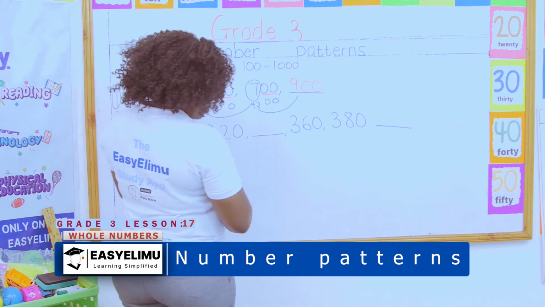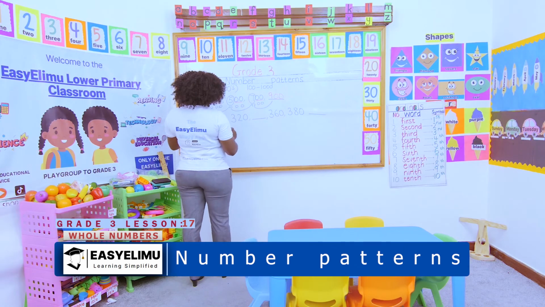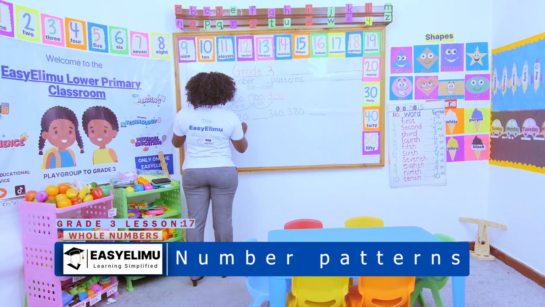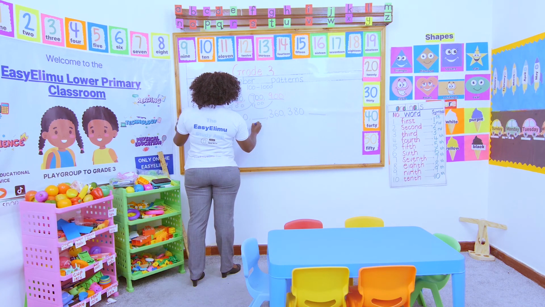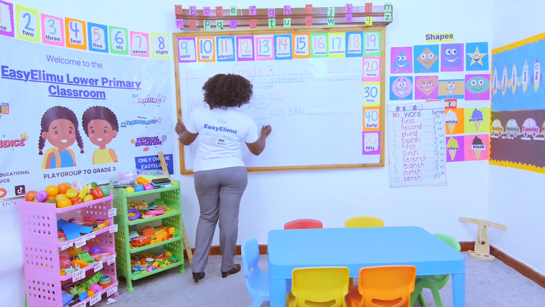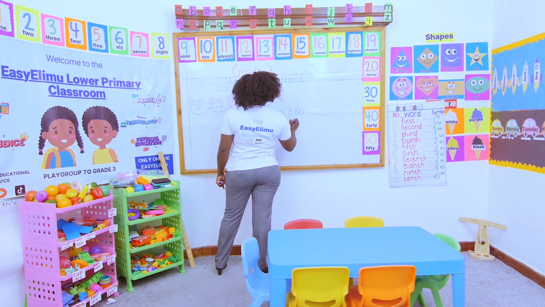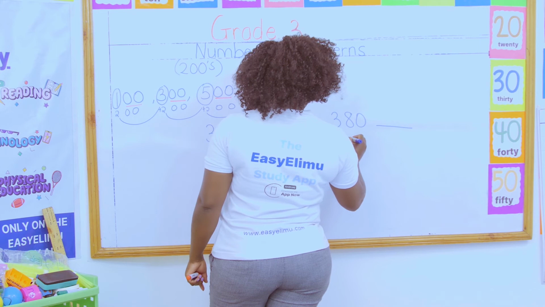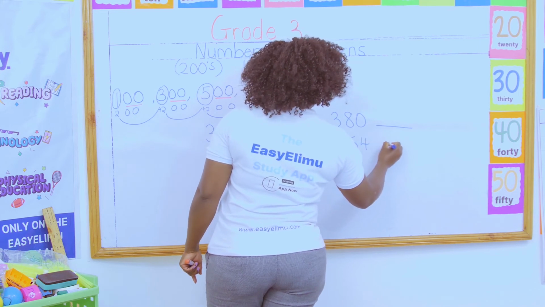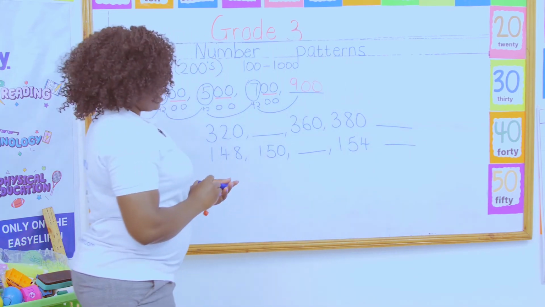Then I have another question that says I have a 148, 150, fill in the missing numbers.